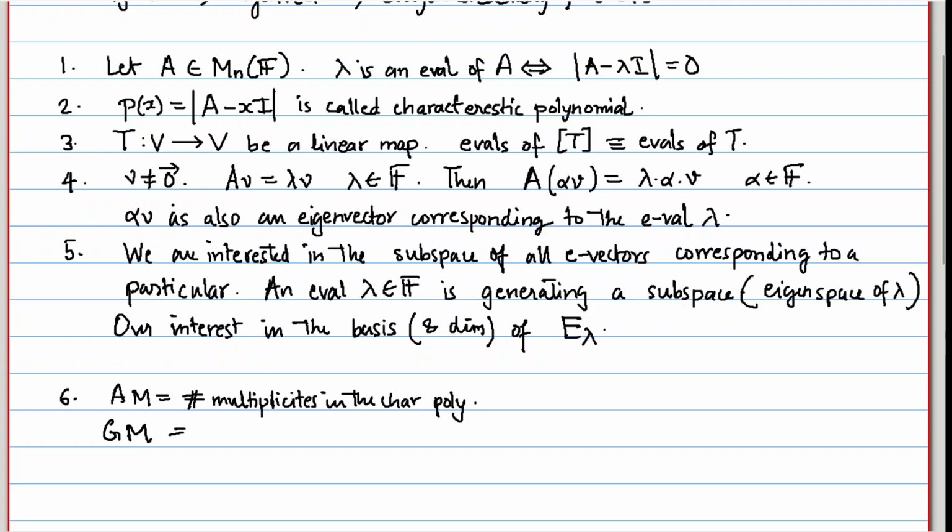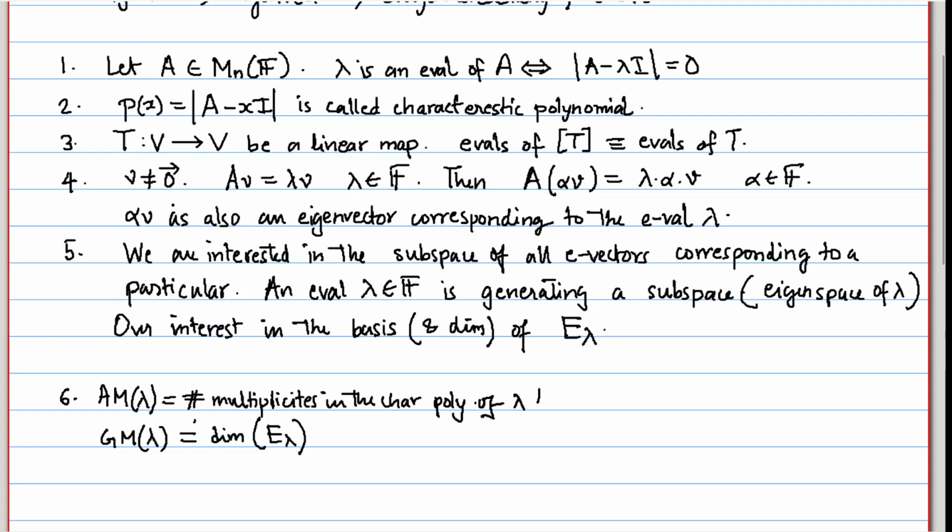Geometric multiplicity is the dimension of the eigenspace of lambda. So the algebraic multiplicity of lambda, that is equal to this, and the geometric multiplicity of lambda.